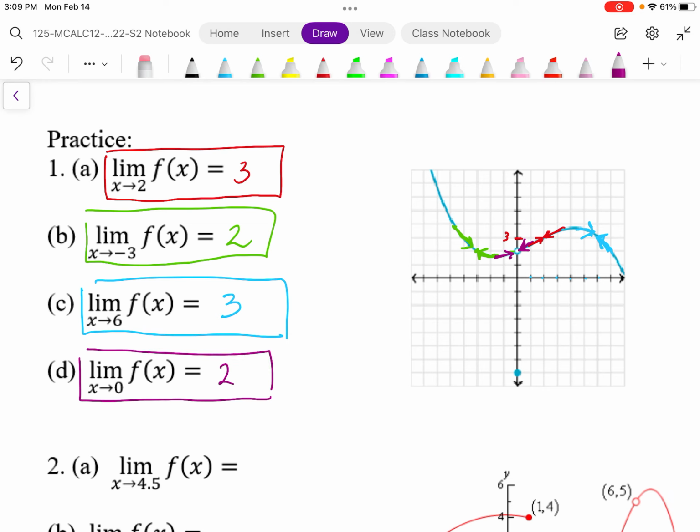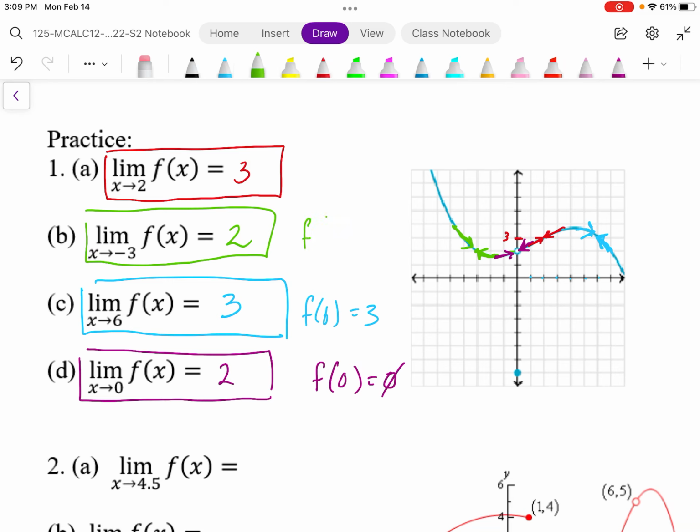Now, it's important to understand that although f of 0 is undefined, these two things have nothing to do with each other. The same with the fact that at x equals 6, it happens to equal the same limit, but these two things have nothing to do with each other. One does not inform the other.